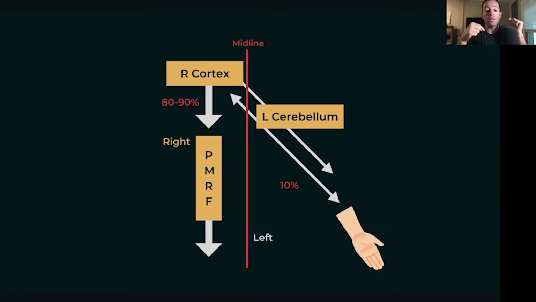And the right PMRF has a number of different jobs that we just described. We talked about ipsilateral pain inhibition, so it can help you feel less pain when it's active, or when it's acted upon. It can help to rebalance muscle tone, and it can affect posture and even blood pressure. These are really key points about the PMRF.